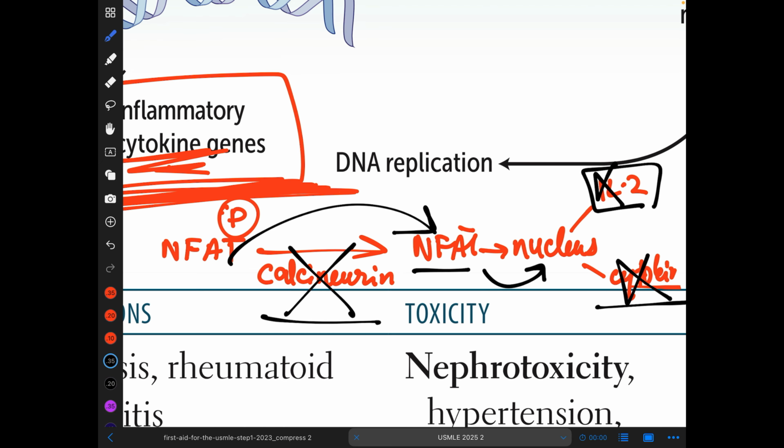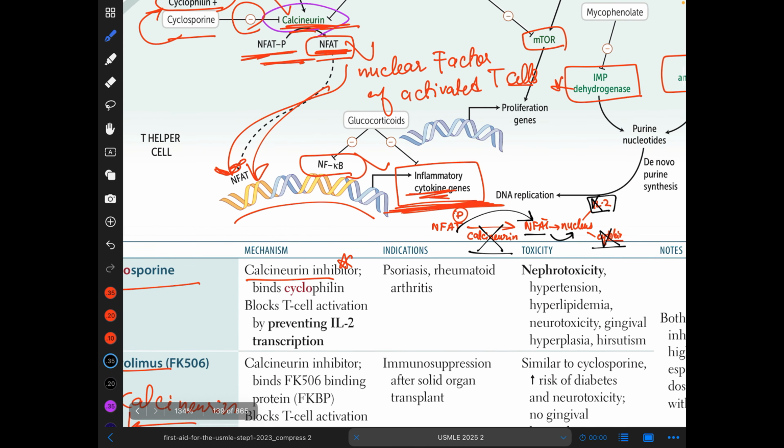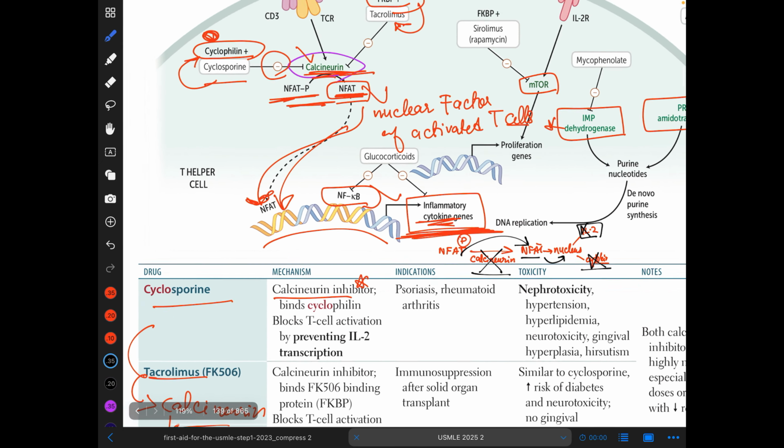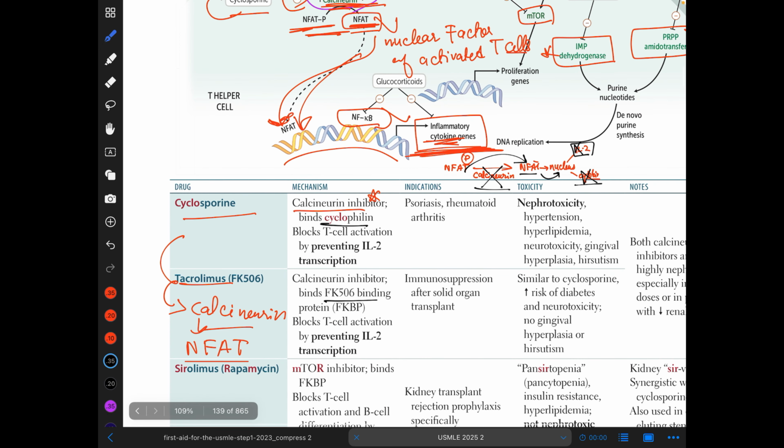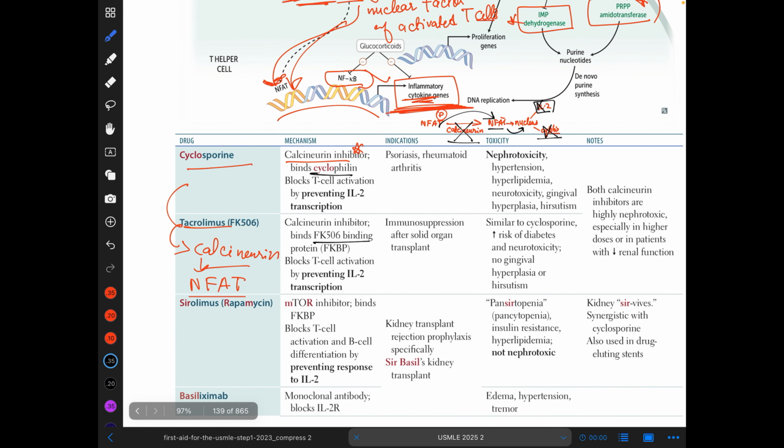Cyclosporine is going to bind cyclophilin. The complex inactivates calcineurin, and tacrolimus is going to bind FK506 binding proteins. These are mostly given for autoimmune diseases and organ transplants, and they both have similar side effects.